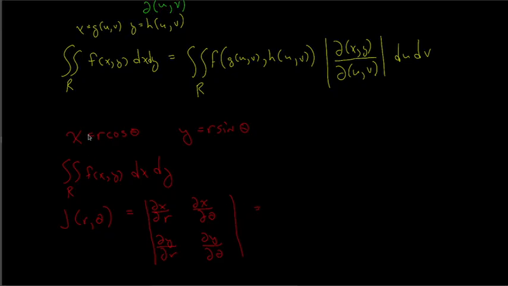And let's see, so x with respect to r is cosine theta. X with respect to theta is minus r sine theta. Y with respect to r is sine theta. And y with respect to theta is r cosine theta.